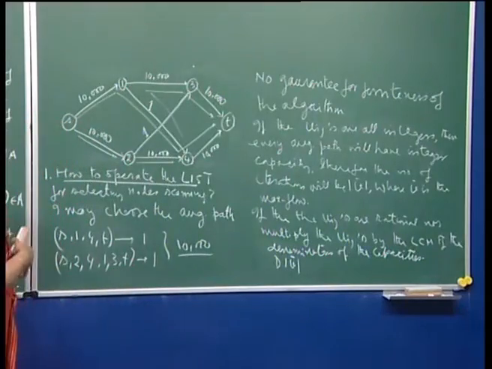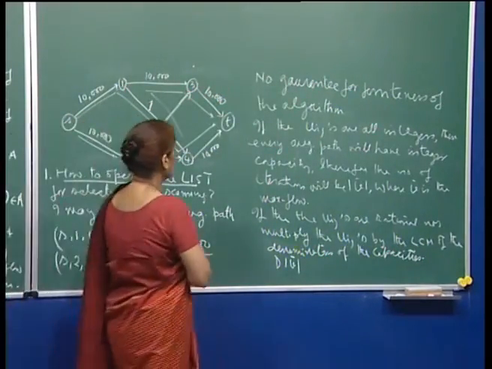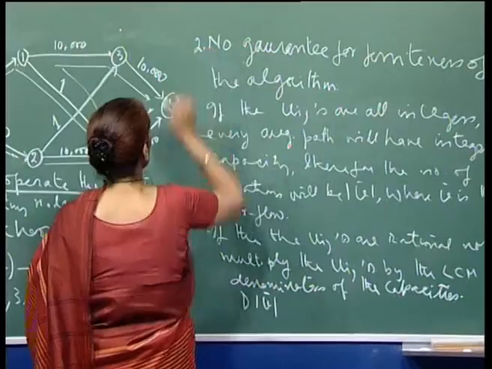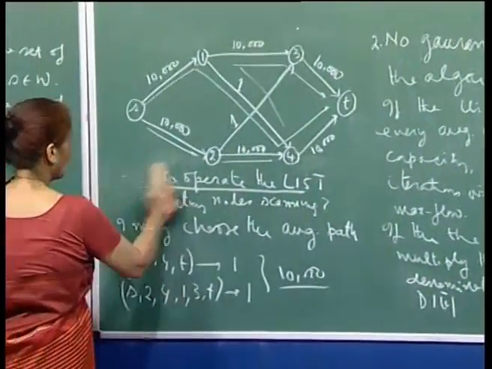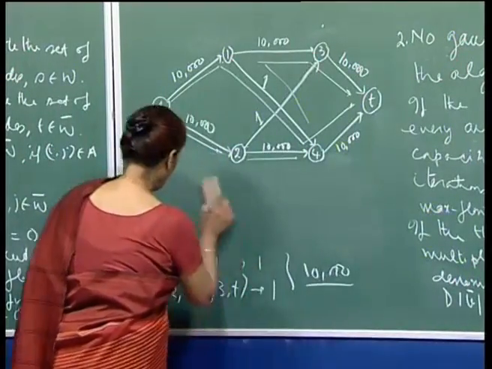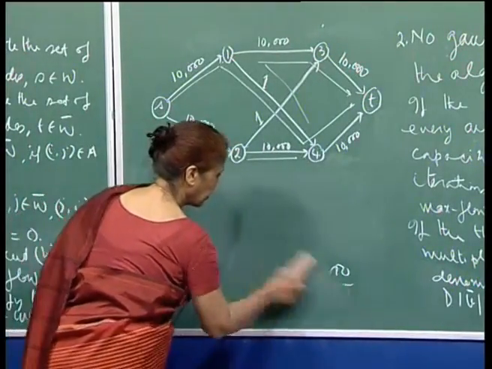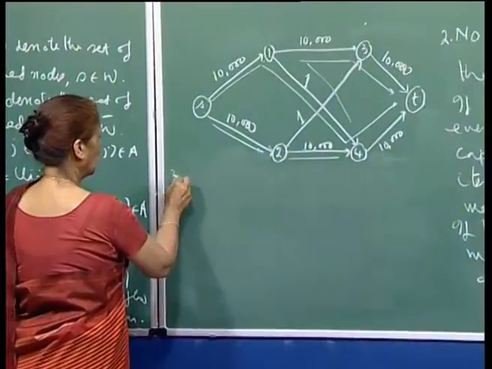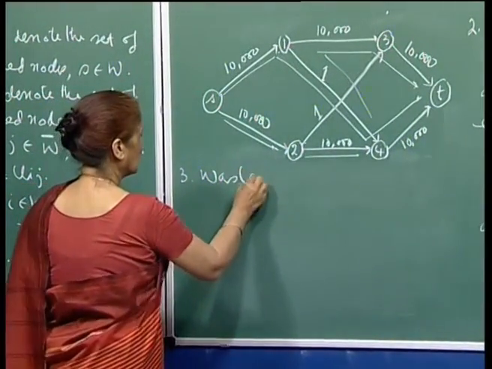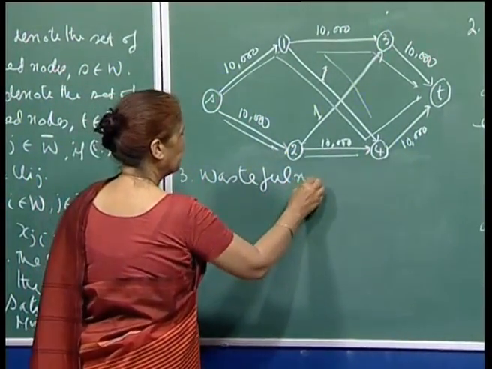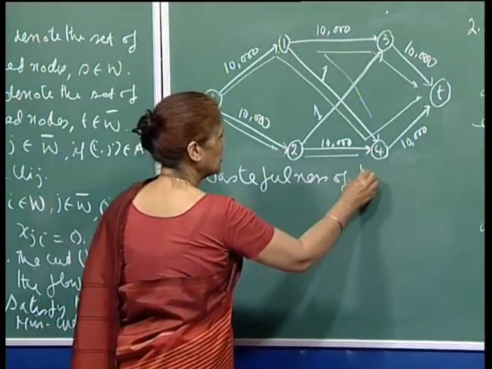So, third thing is the wastefulness of the algorithm. This was number 2, and now let me talk of the third point: wastefulness of the labeling procedure.